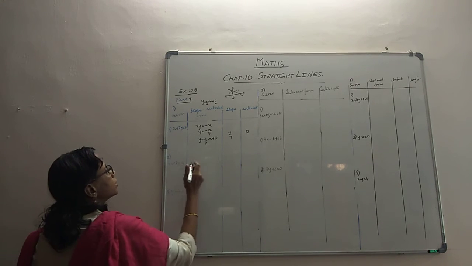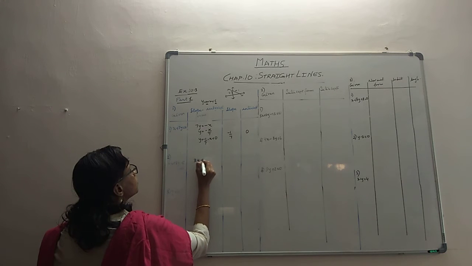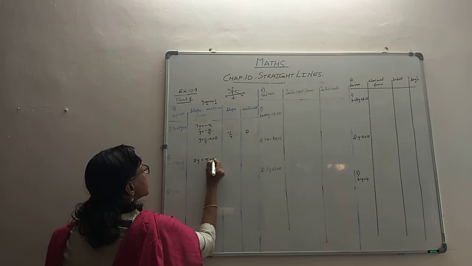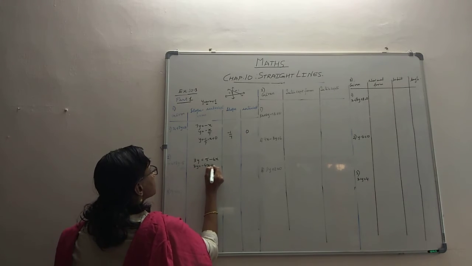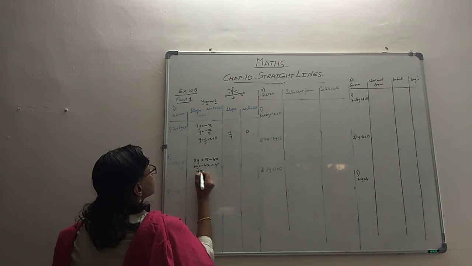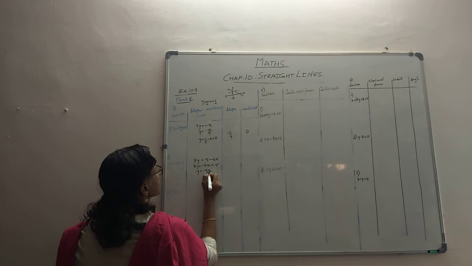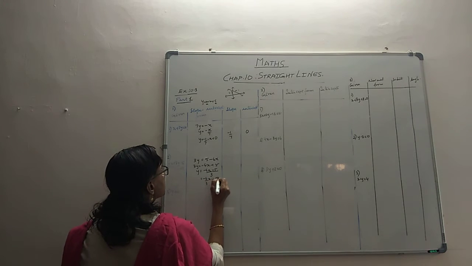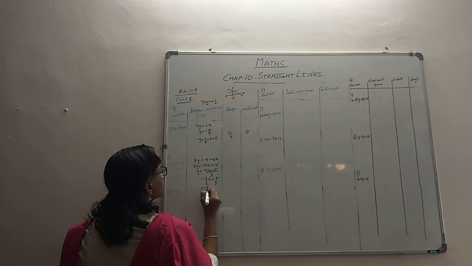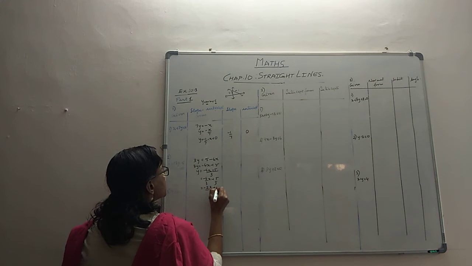Same way over here, 3y equal to 5 minus 6x, or rather 3y equal to minus 6x plus 5, or y equal to minus 6x plus 5 by 3, or rather it is minus 6 by 3 x plus 5 by 3, or rather it is minus 2x plus 5 by 3.